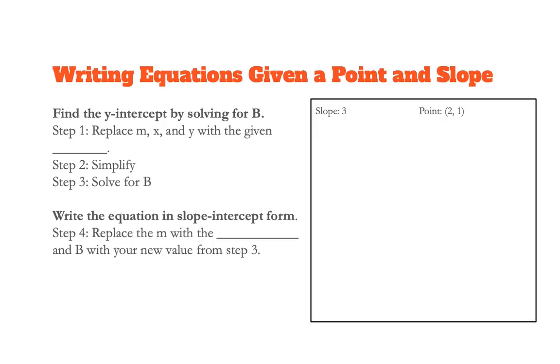All right. So we're going to go through the steps here. You are given the information 3 for the slope and the point being 2, 1. And we are going to work on looking at the directions on the left-hand side first, and then we will do the problem after.